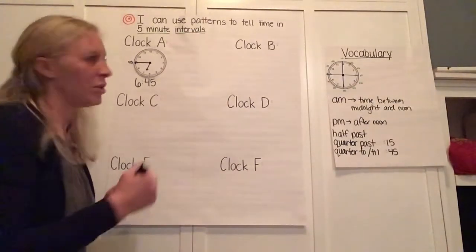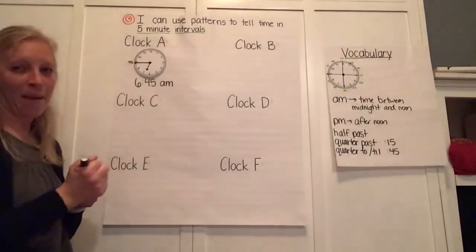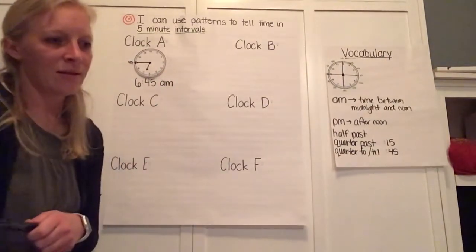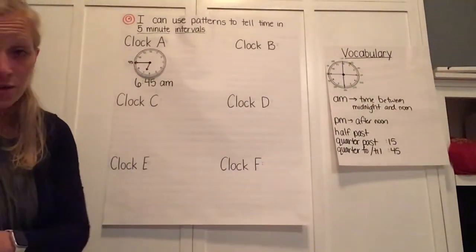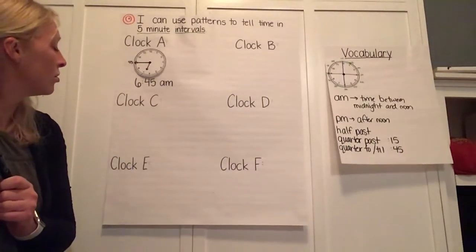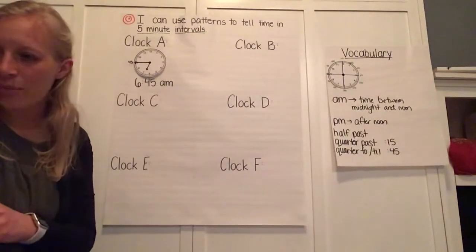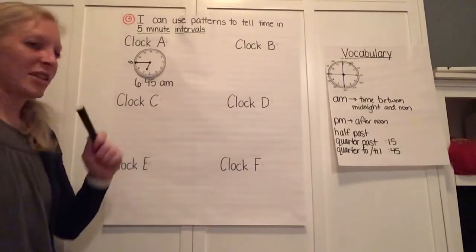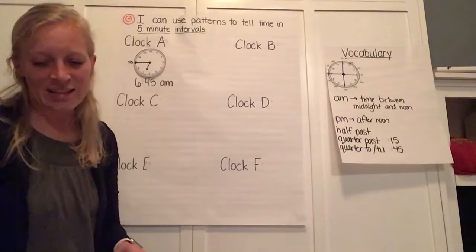Now, what are you doing at 6:45 a.m.? Getting ready for school. Some of you are driving to school. Ooh, so early. Just getting up, eating some breakfast. 6:45 a.m. is the beginning of our day.